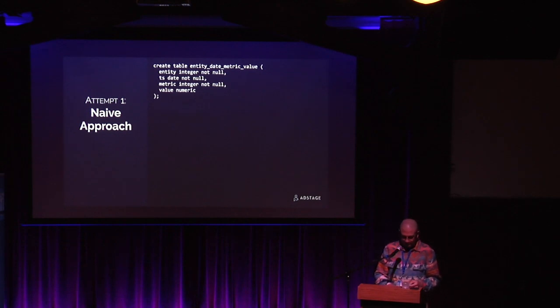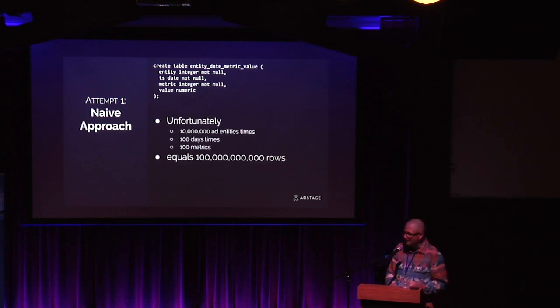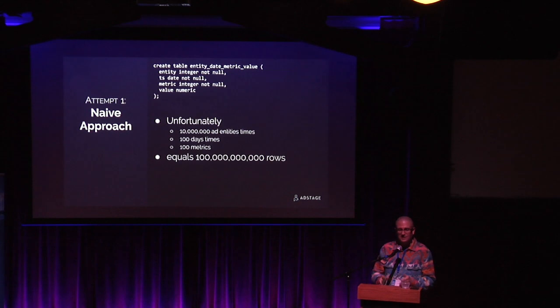What's the story here? Well, unfortunately, this doesn't really work that well. If you remember our average worst use case, let's say that all of a customer's data is in this one table. You multiply things out, and now you're looking at 100 billion rows in this one table for this one customer. I don't know if you've ever worked with a Postgres table with 100 billion rows. It's not the best experience.